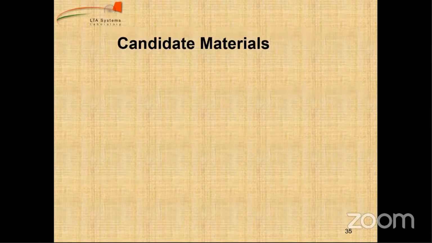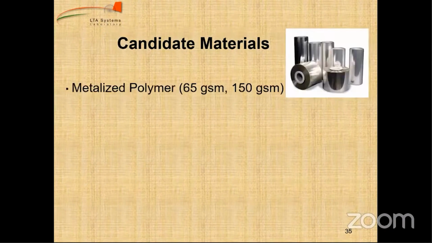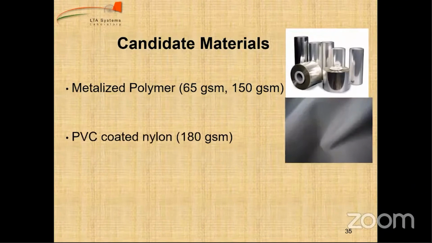So there are some promising candidates for the envelope material. One is metallized polymer. It comes in a range of 65 GSM to 150 GSM, 65 grams per square meter to 150 grams per square meter. We can also use PVC coated nylon.